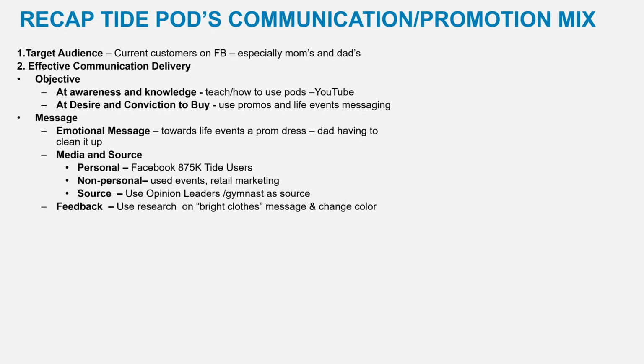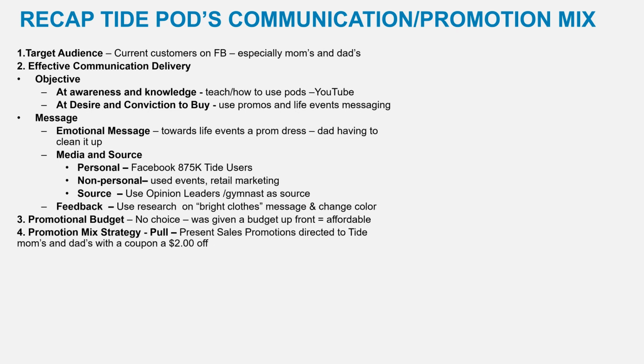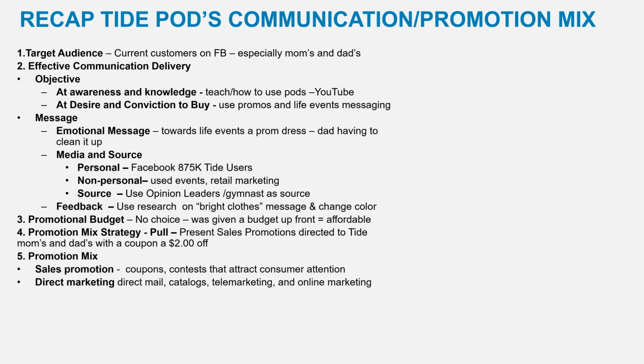They used feedback on the research that they got that it needed to be more brighter packaging and messaging. And they actually had a promotion budget, which was really not a choice. So they actually just used the affordable budget plan. They used the pull strategy, which was getting people attracted to your product first so that they demand the product at the Walmarts, Costco's, and grocery stores by using a $2 off coupon.